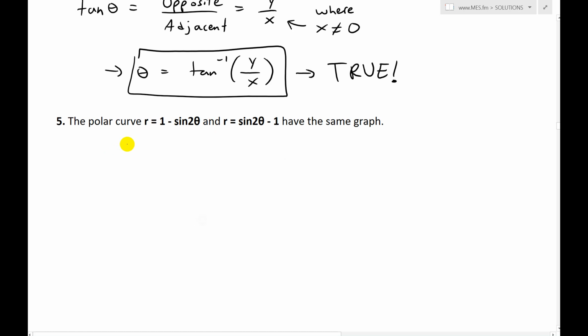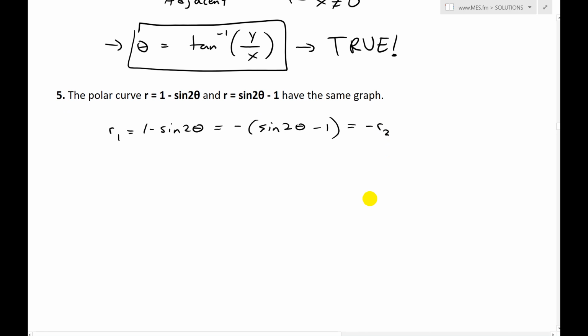If we call this r1, so r1 equals 1 minus sine 2 theta, and we factor out the negative, it becomes this one, sine 2 theta minus 1. So this just equals negative r2. In other words, these are just negatives of each other.